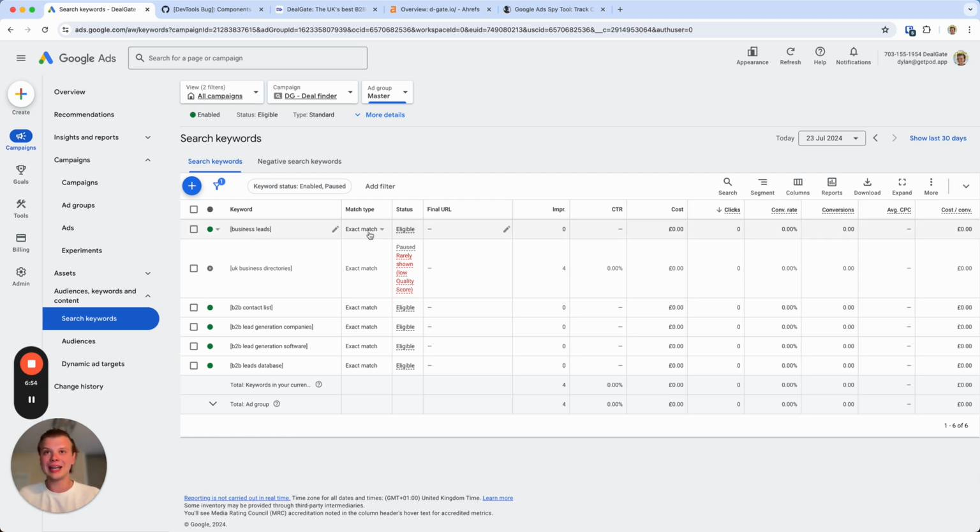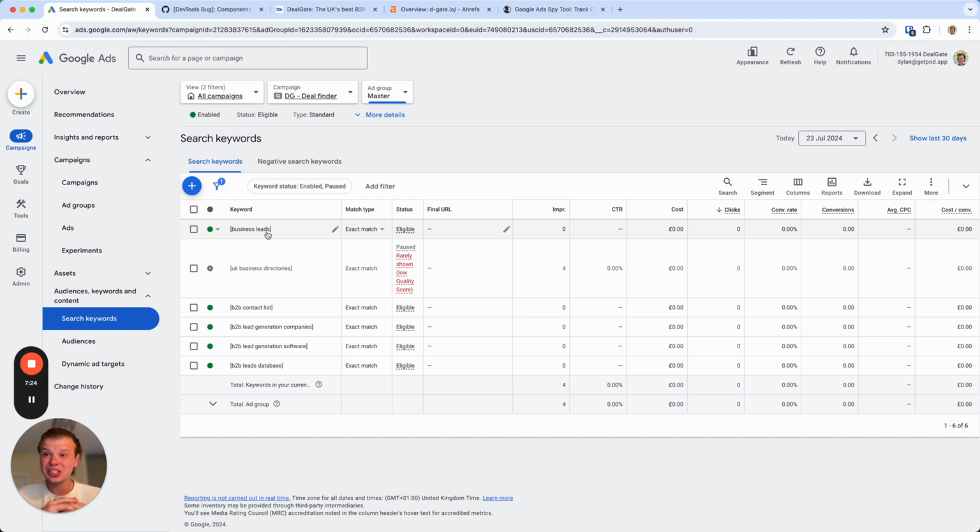So if you're running exact, this will not necessarily match exactly to business leads. This will match to someone with a similar intent to business leads. So it may match to, find leads for my business. Like that could show with exact match, even though it's not exact really, because like I said, Google has actually expanded their keyword match types.